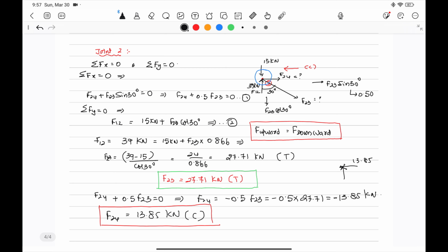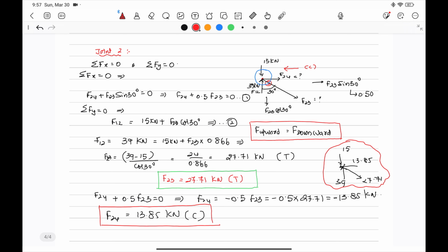This is 39. This is 27.71, and this is 15. This is the final answer we have got for the joint.